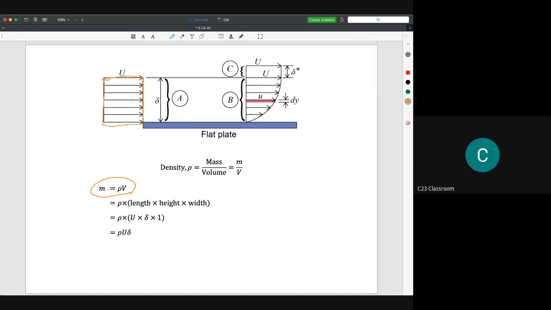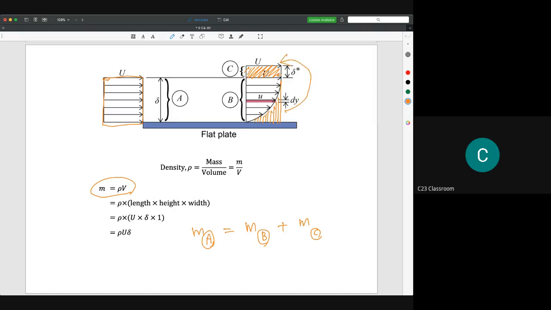Then we need to develop the conservation of mass equation. We found that the mass for A must be equal to the mass for B plus the mass for C, because as I said, this area comes from the area of this one. So we bring the area of this and fulfill it into this one.